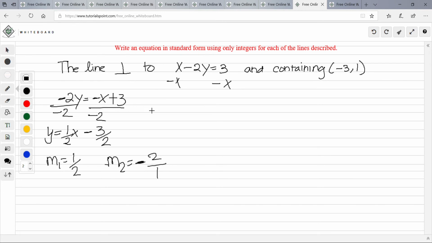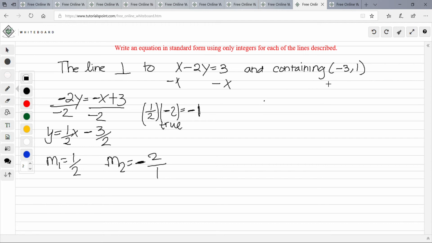If you were to check it, you would multiply 1/2 times negative 2, and it should give you negative 1. So this is true. We know that m2 is the negative reciprocal of m1, so that's how we know it's perpendicular. But now we've got to make sure it's in standard form. So wait, we're not quite done yet.